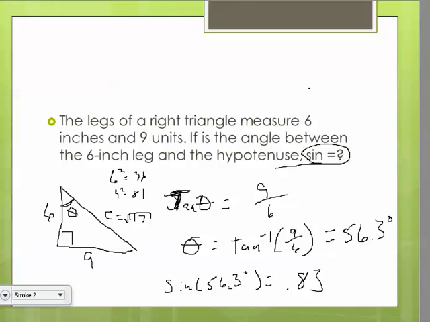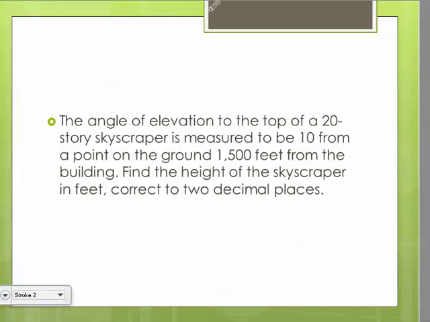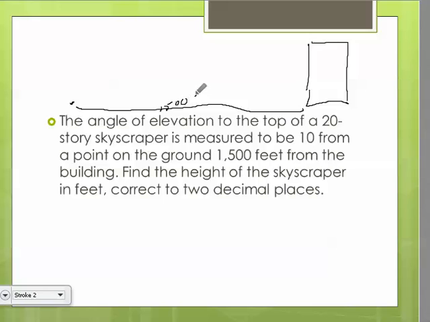Cool? Okay, moving forward. The angle of elevation to the top of a 20-story building. Here's my tall building right here. It is measured to be 10 degrees from my point on the ground. So here's a point. This point is 1,500 feet from there. And this angle of elevation here to that up there is 10 degrees.